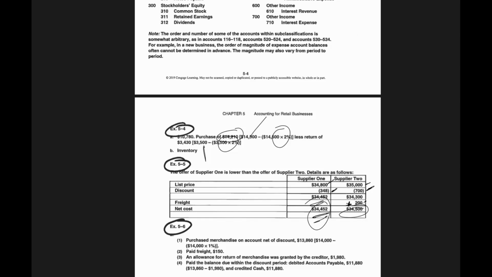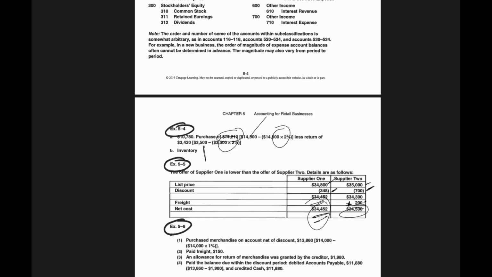Number 6, purchase-related transactions. The debits and the credits from 4 related transactions, 1 through 4, are presented in the following T accounts. Assume that freight charges were FOB shipping point and that the credit terms were 1/10 net 30. Describe each transaction. Okay, so number 1, you see there's a debit to inventory for $13,860 and a credit for $13,860.